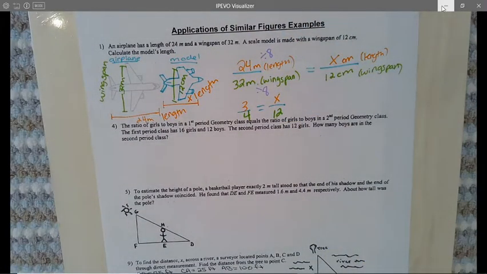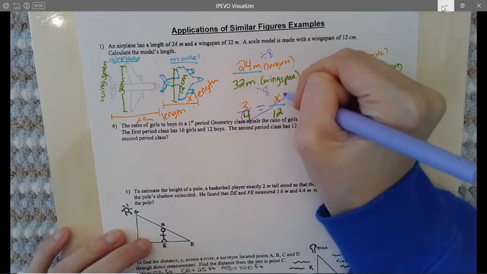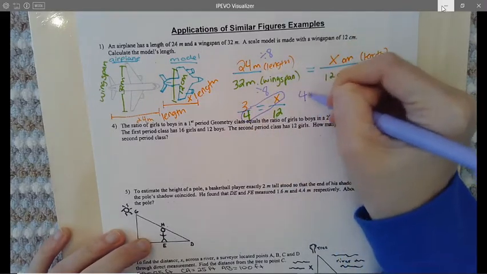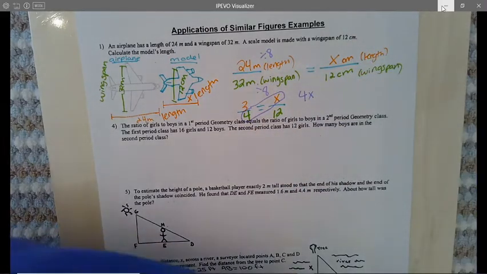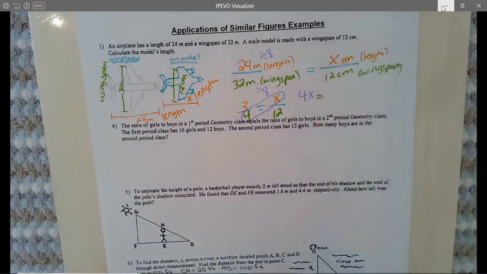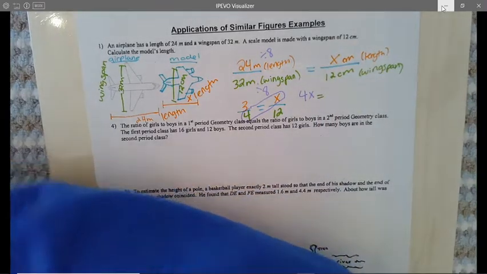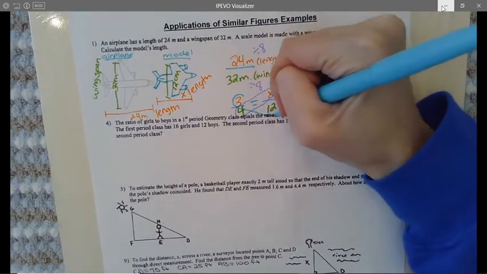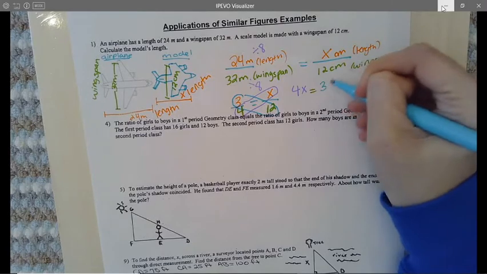From here, we just cross multiply. I'm going to go this way first: 4 times X, which will give me 4X, and that will equal the other way, which is 3 times 12, or 36.